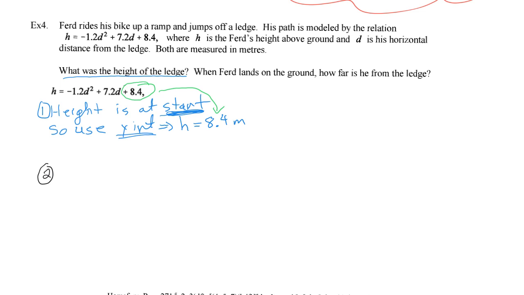The next part was how far was he from the ledge, right? If you're looking for how far from the ledge, far from the ledge is the x distance, right?